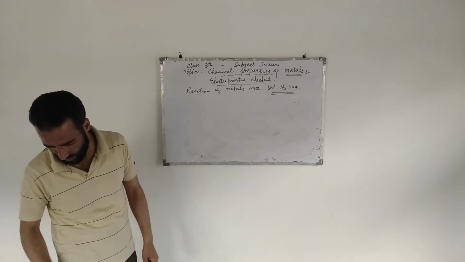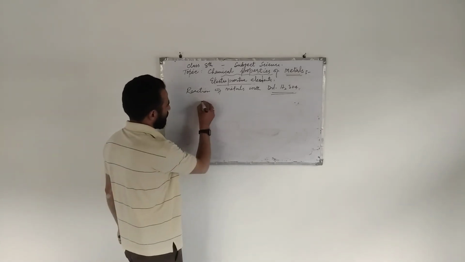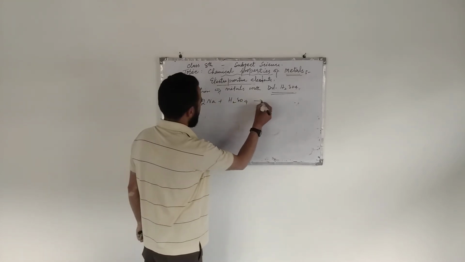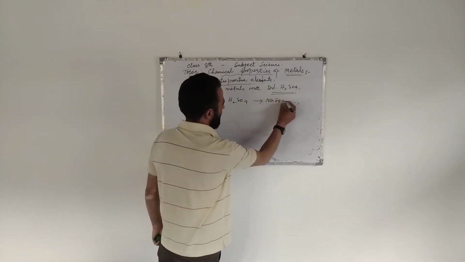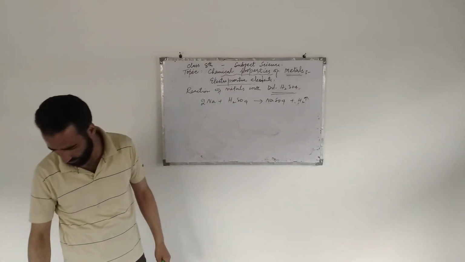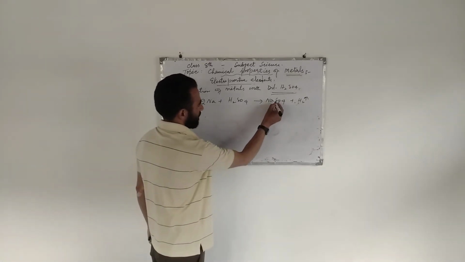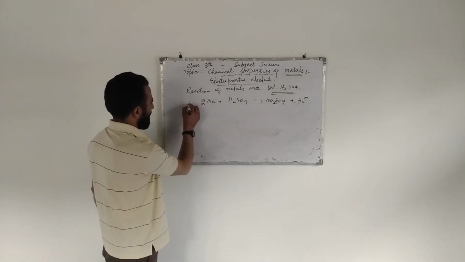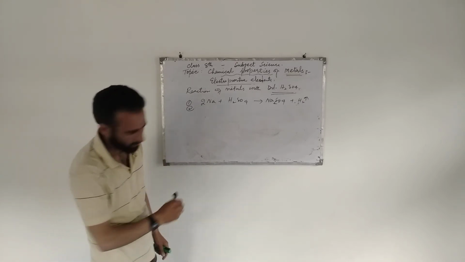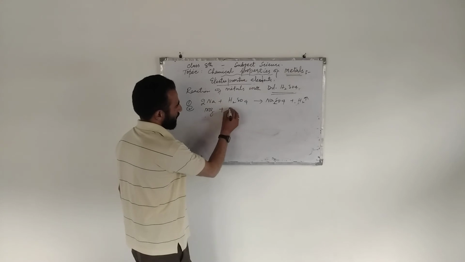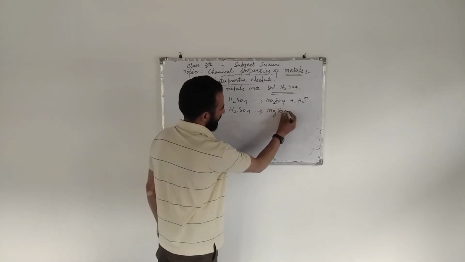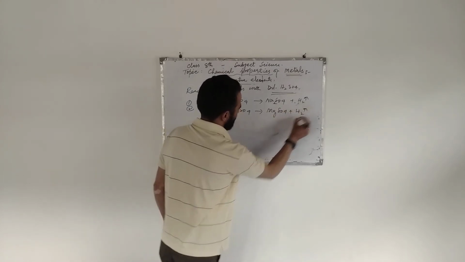If we take sodium with H2SO4, 2 times sodium combines with H2SO4, and it forms sodium sulfate plus hydrogen gas. Next, if we take the example of magnesium plus H2SO4, it forms magnesium sulfate plus hydrogen gas.